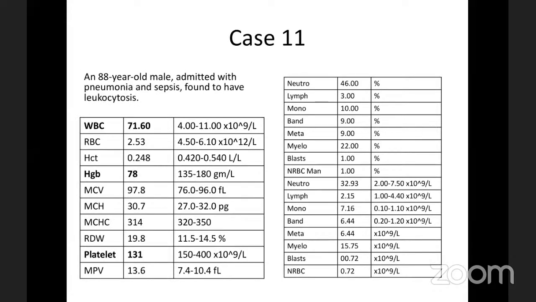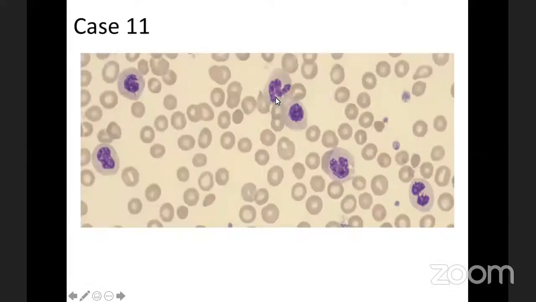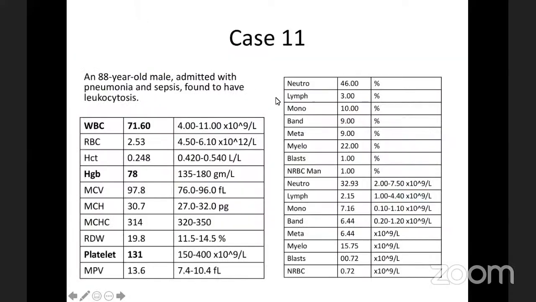Case 11. This is an 88 year old male admitted with pneumonia and sepsis, found to have a leukocytosis, so white blood cells of 71.6, hemoglobin 78, platelet 130.